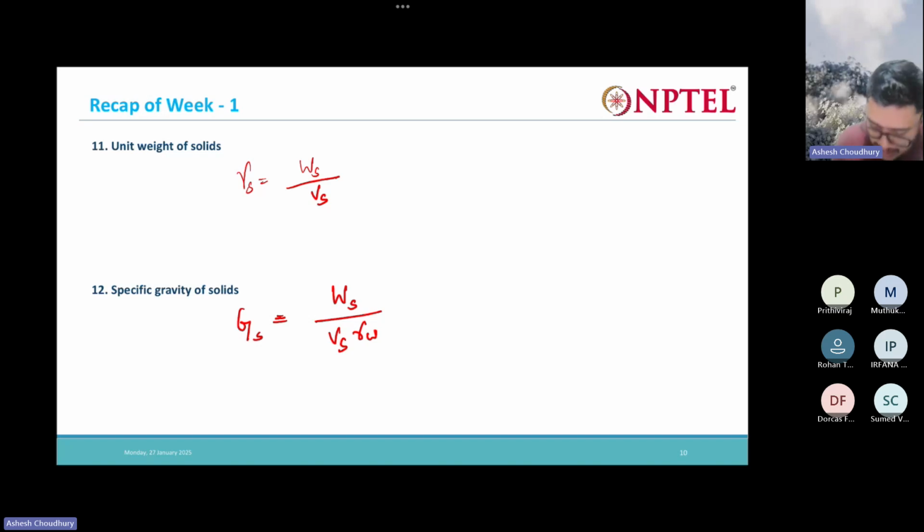And this also I can write as gamma s by gamma w, right? So these are the basic numerical parameters that we generally use to quantify different properties or classify the soil.